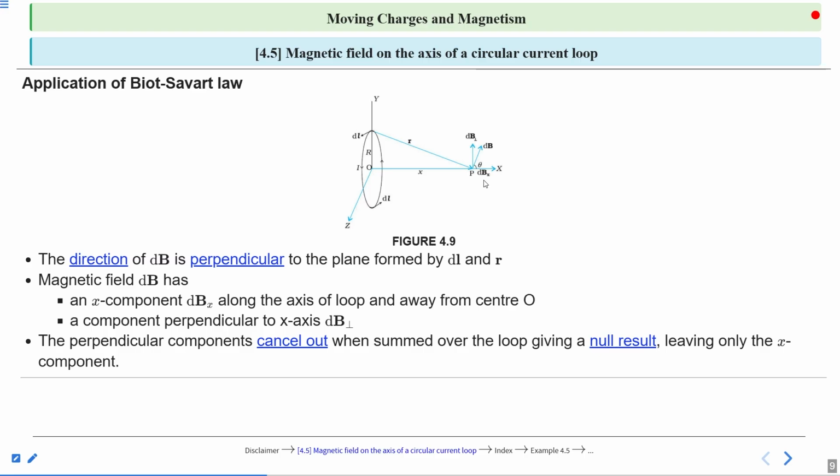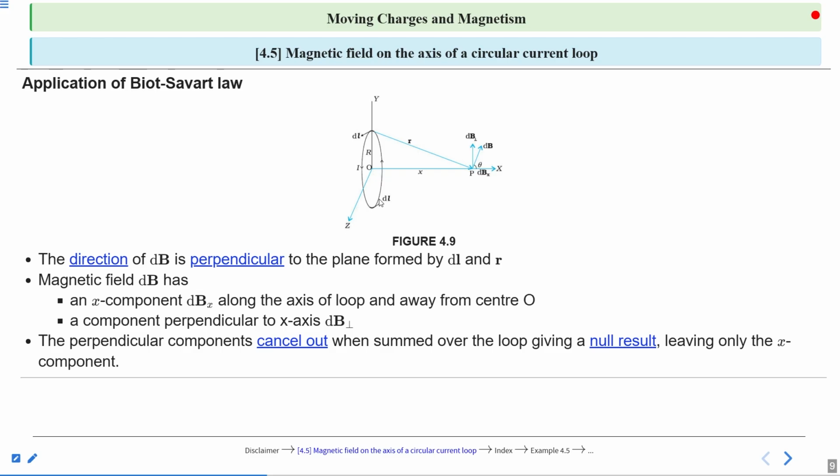This dB will also get resolved into two components. One is along the x-axis, dBx, and the second is perpendicular to the x-axis but in the downward direction, due to this lowermost dl.